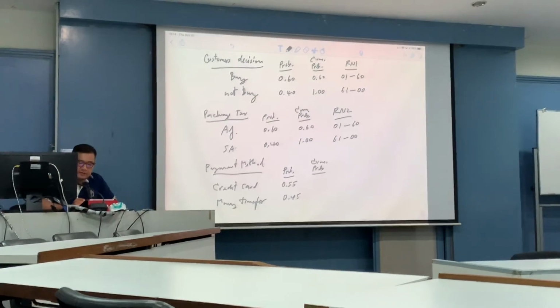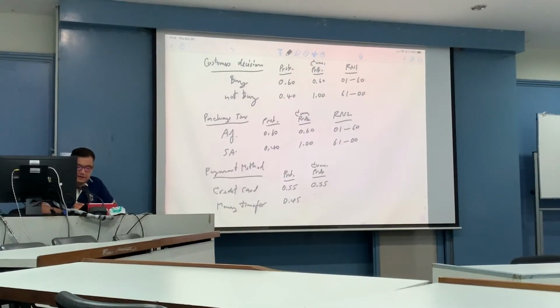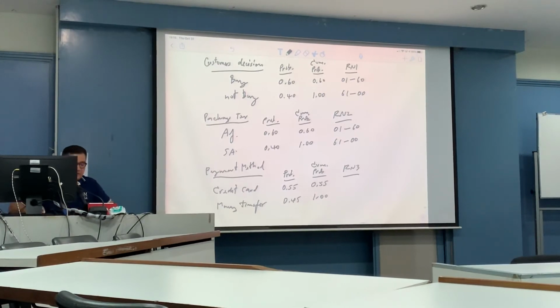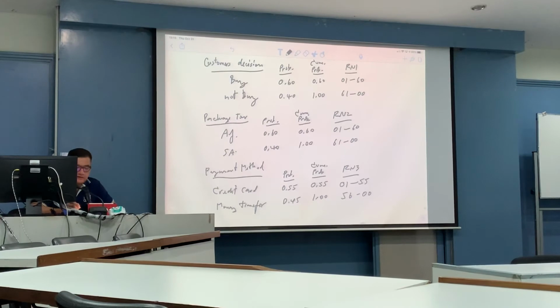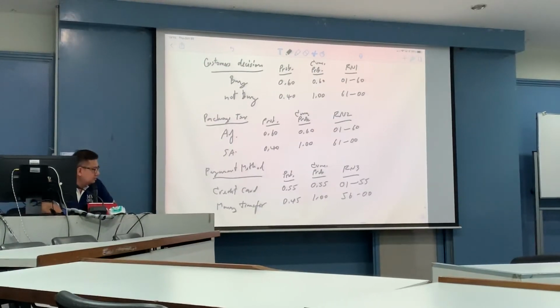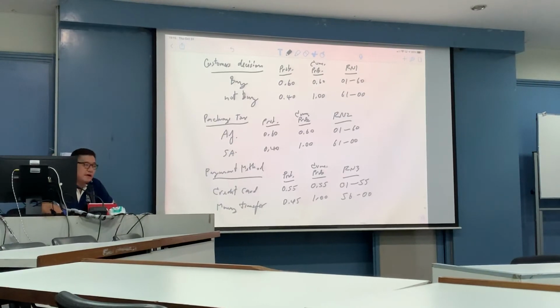So the cumulative probability distribution is 55, and then 100, and we're using Rn3 to be the random number interval for the payment method. This means that 01 to 55 is credit card, and 56 to 100 is money transfer. So then we have finished constructing the random number intervals for all uncontrollable variables of this system.